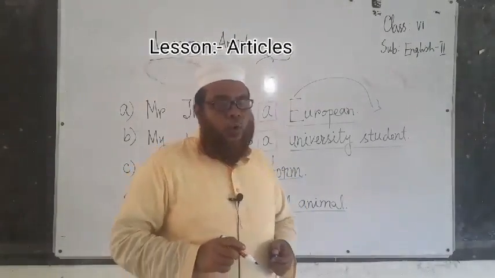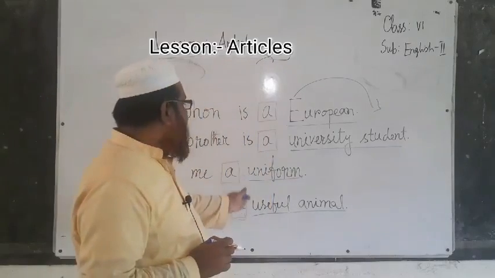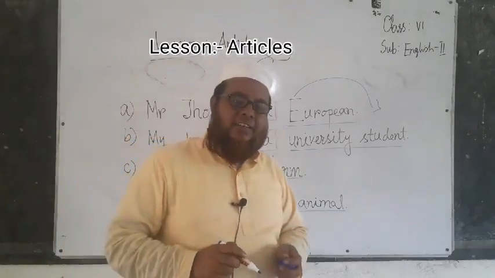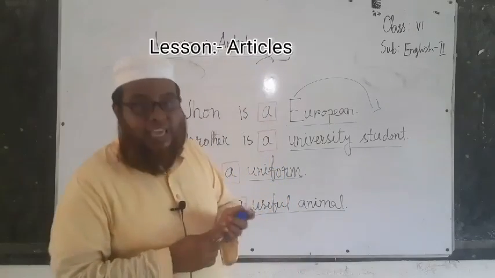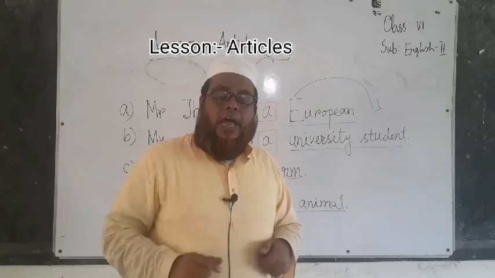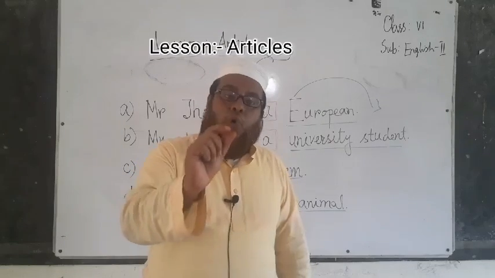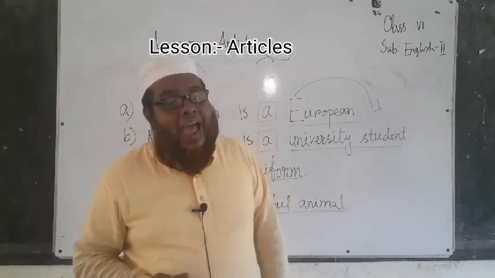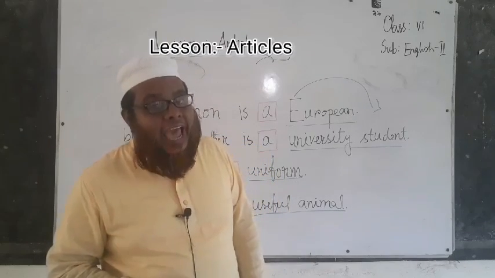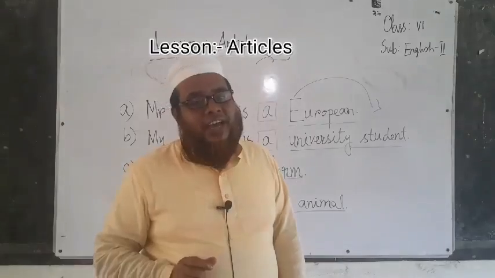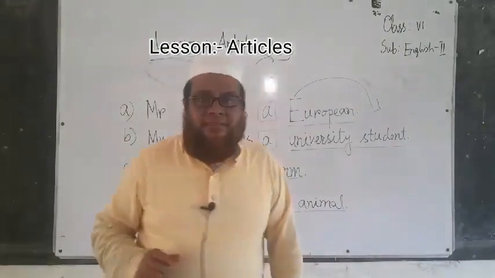That is why we have learned from this example a rule of article, that is, if E is pronounced as 'yoo' and if U is pronounced as 'yoo', then we have to use a instead of an. Okay, my dear student, hope everybody understands.